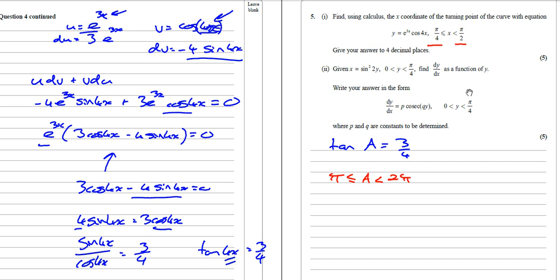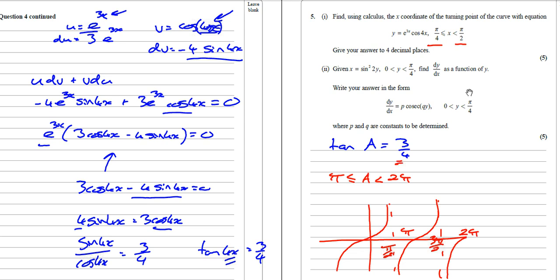So tan of A, so if we draw the tan graph, pi over 2, that's pi, and that's 3 pi over 2, and that's 2 pi. And what we're going to do is we've got to find out when tan A equals 3/4. So 0.75 or 3/4 is there, so that's that solution and that solution.